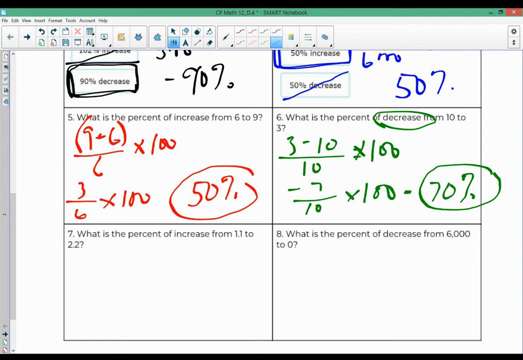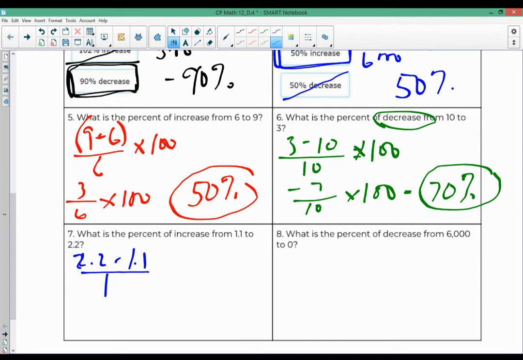All right. What is the percent of increase from 1.1 to 2.2? Okay, well, it looks like that doubles. Let's see what percent of increase that would be. So I do new 2.2 minus old 1.1 divided by old times 100. So when I subtract 2.2 minus 1.1, again, that's a minus.